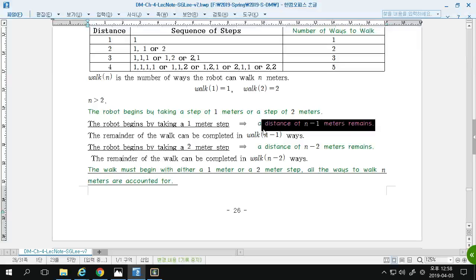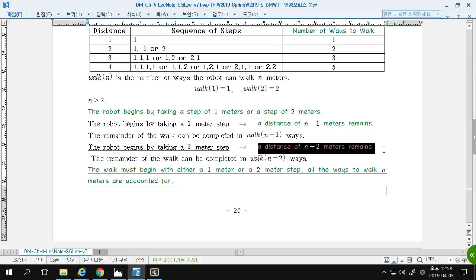So we can use recursive ideas. The remainder can be completed in walk of n minus 1 ways. If the robot begins by taking a 2 meter step, then a distance of n minus 2 meters remains.